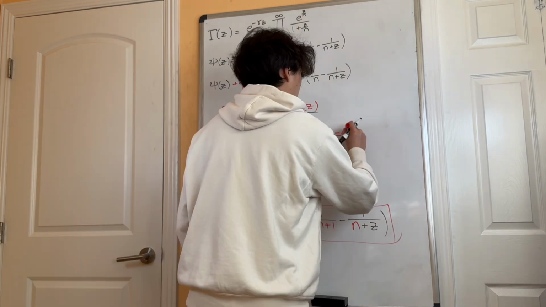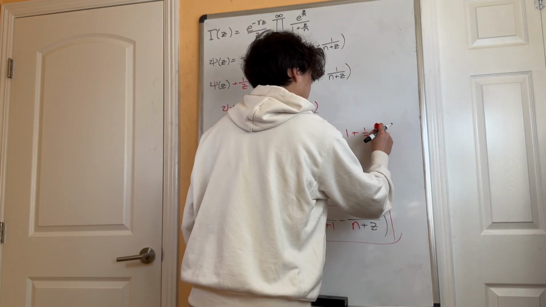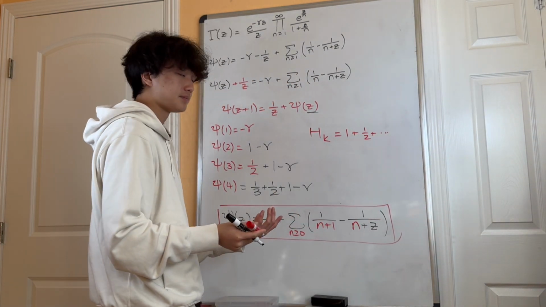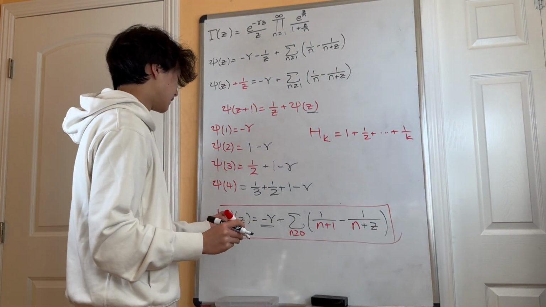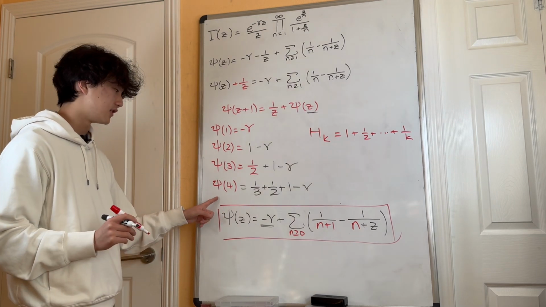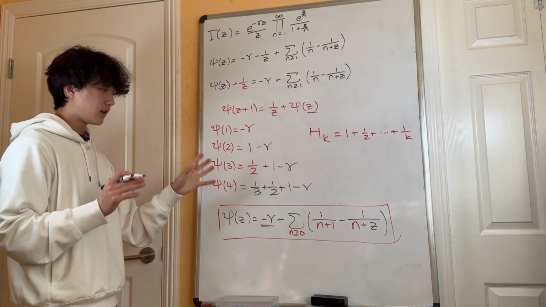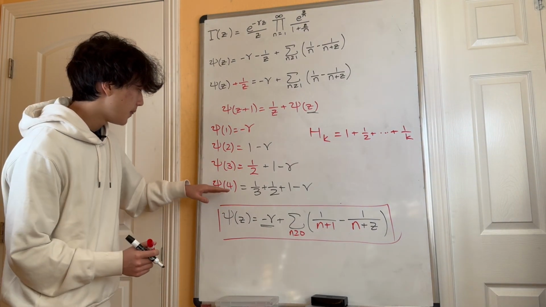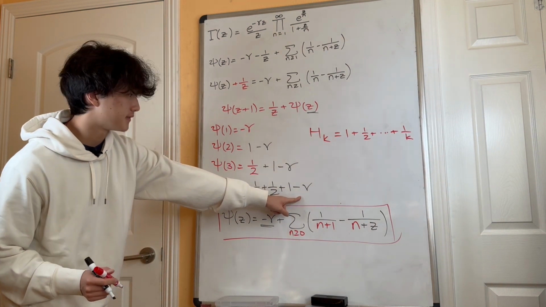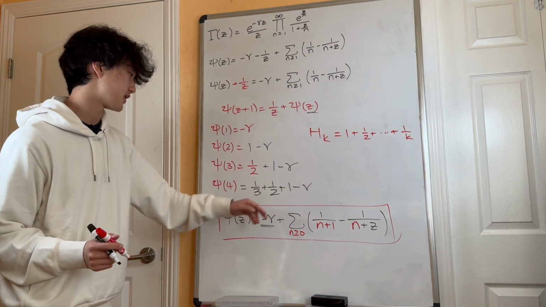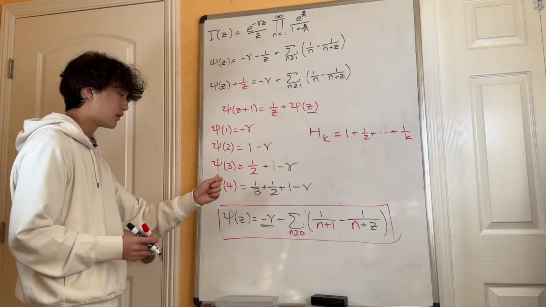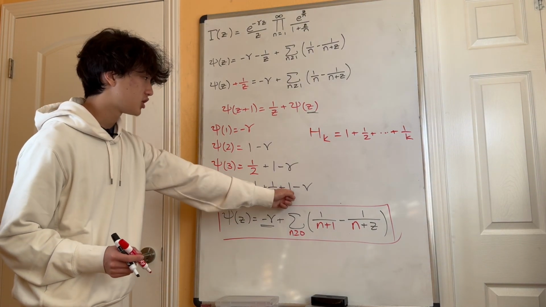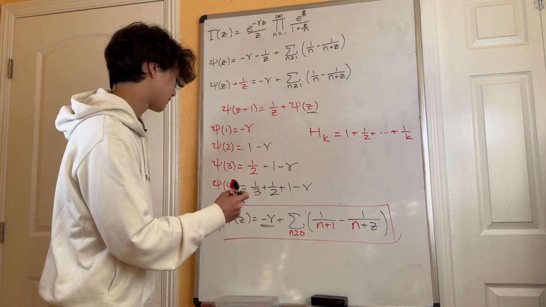This is just 1 plus 1 over 2 plus 1 over 3, and then dot, dot, dot, until you get to 1 over k. And notice that that's almost what's happening here. It's just a couple differences. First of all, this digamma function has this negative Euler-Mascheroni constant hanging out the side. And then also the input is shifted by 1. So if you have digamma of 4, you're going to get h of 3 minus gamma.